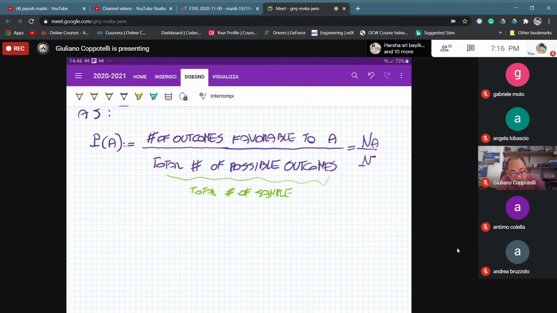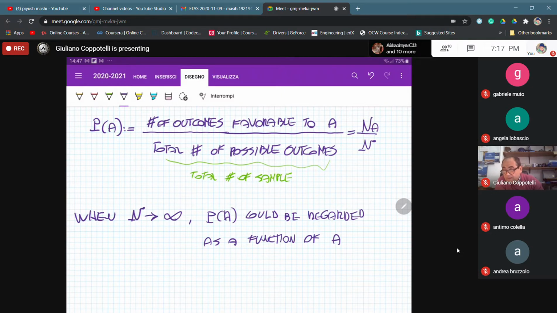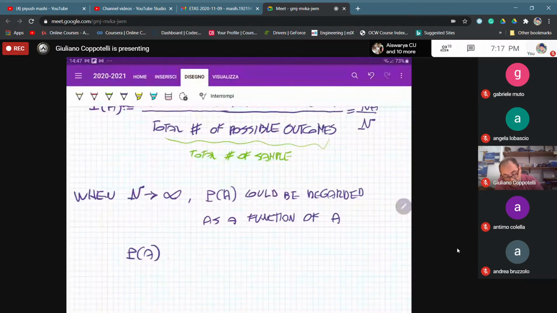So when the total number of possible outcomes is going to a very large value, our probability for event A could be regarded as the limit of NA over N.